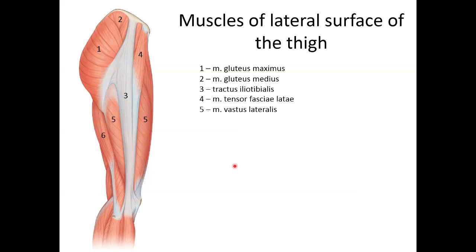Then number 6. What is it? Number 6. It's musculus biceps femoris.